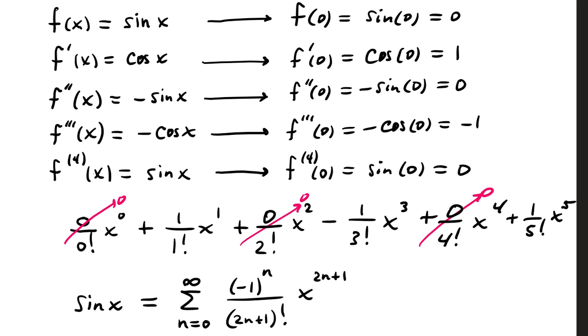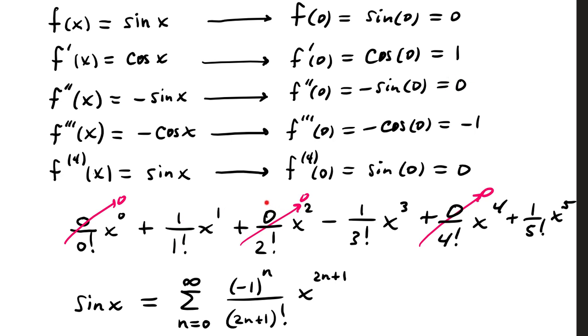So we take f of c, which is f of 0, that's 0, over 0 factorial times x to the 0. Then we move our index up to 1. This will be the first derivative with 0 subbed in. That's 1, over 1 factorial, x to the first.